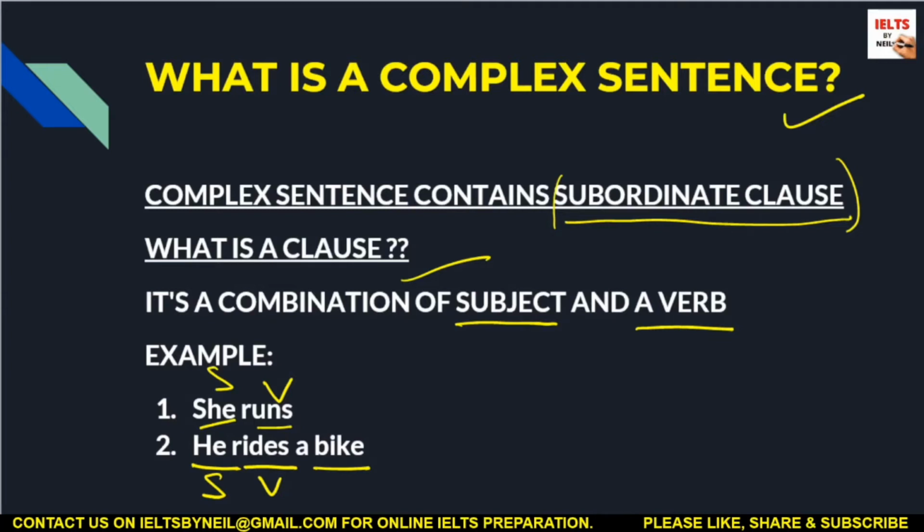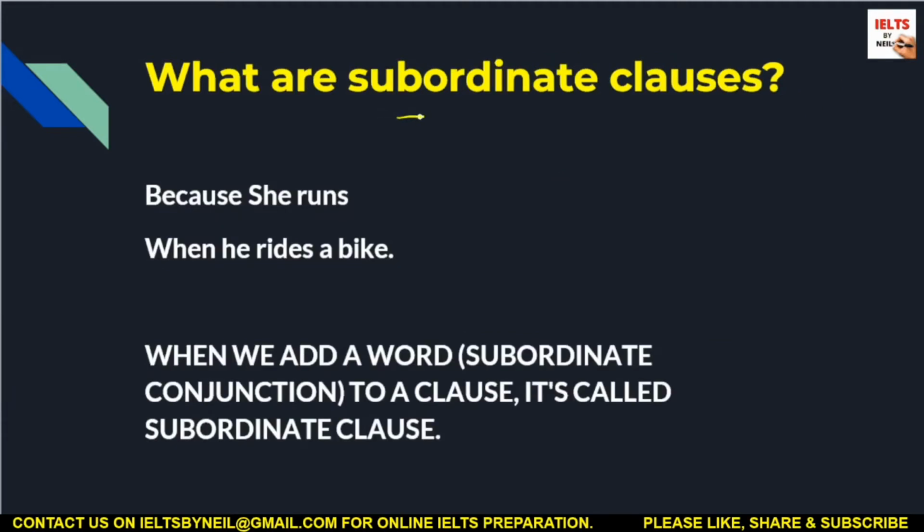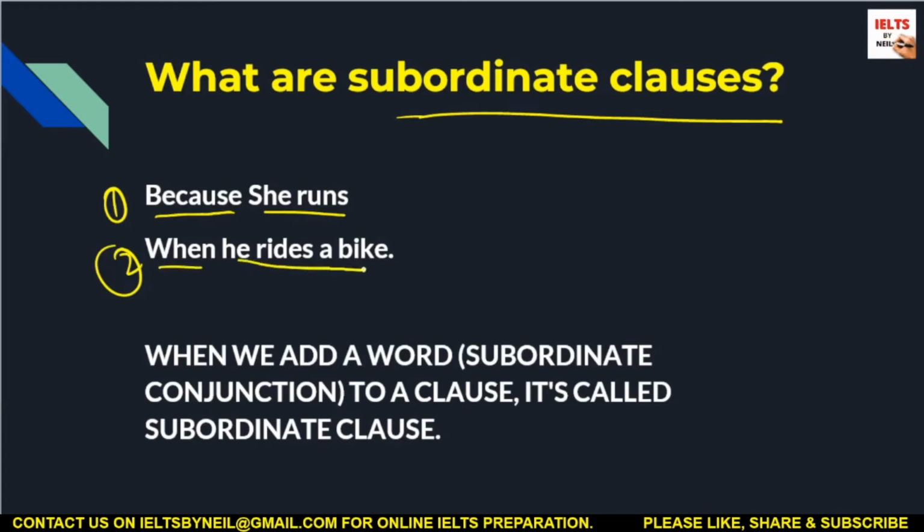I'm going to make it real simple for you. In the next slide, let's see what subordinate clauses are. Let's take examples number 1 and 2: because she runs, when he rides a bike. So this is a clause, and this word here, because and when, these are subordinate conjunctions.